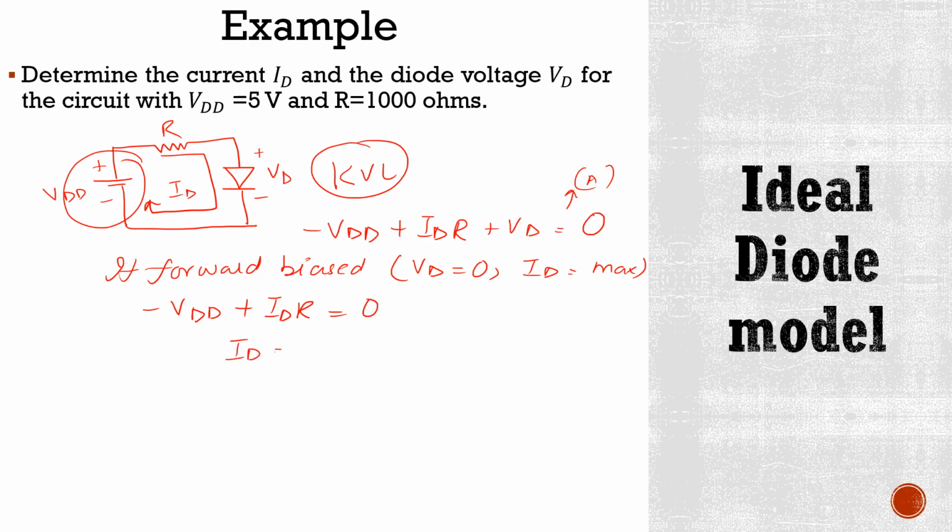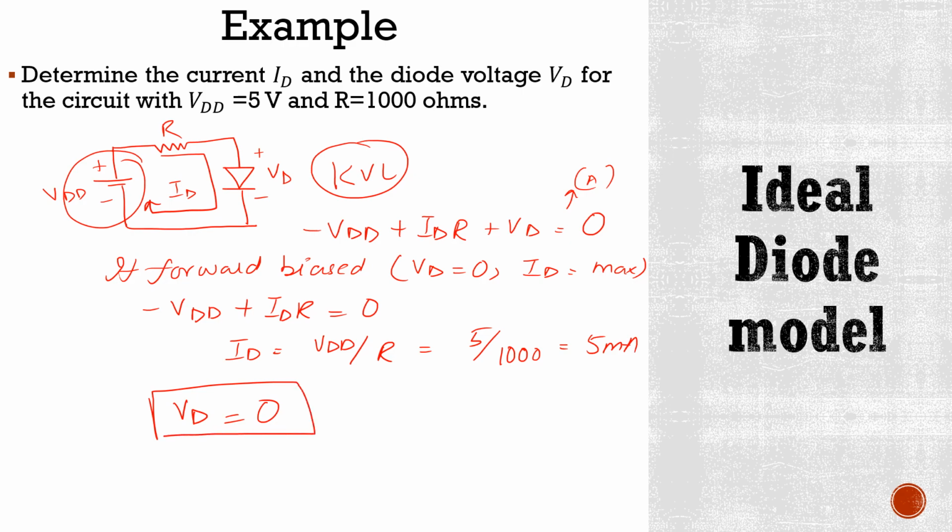So ID is equal to VDD upon R, which is 5 divided by 1 kilo ohm, that is 5 milliamperes. Now what will be the value of diode voltage VD? We know that in the case of an ideal diode, the diode voltage is 0. So this is how you are going to analyze any circuit using an ideal diode model.